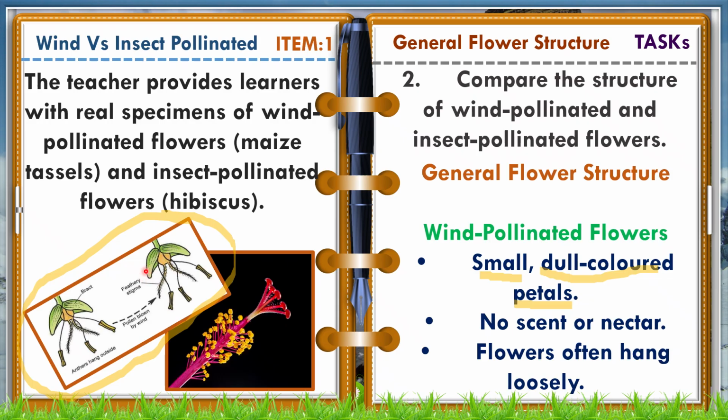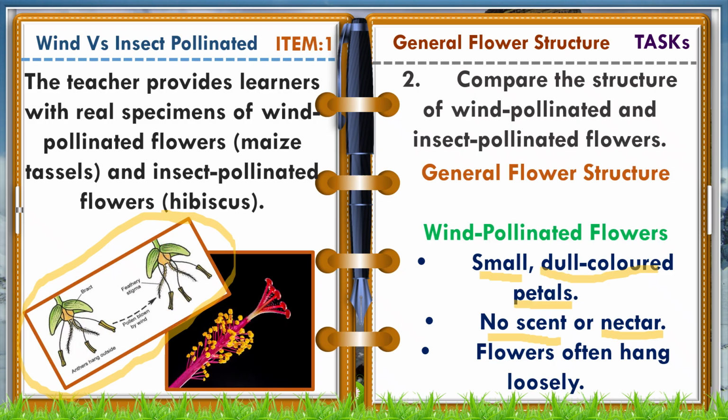They cannot attract insects. In addition to that, they have no scent, neither do they have nectar. So when you look at them, no scent on them, and they don't produce any nectar.